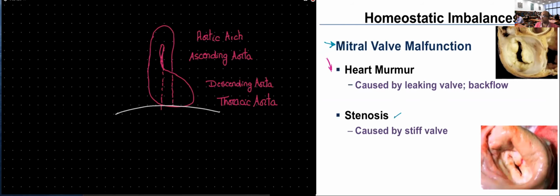And as it travels through the diaphragm, it's now passing down into the abdominal cavity. So we're going to call this part of the descending aorta my abdominal aorta.